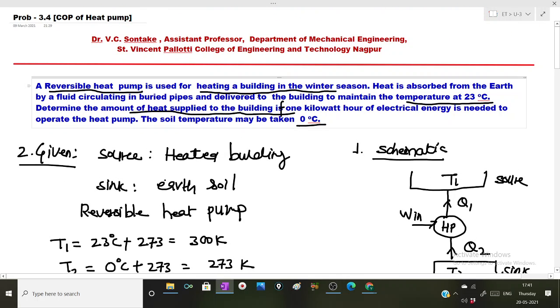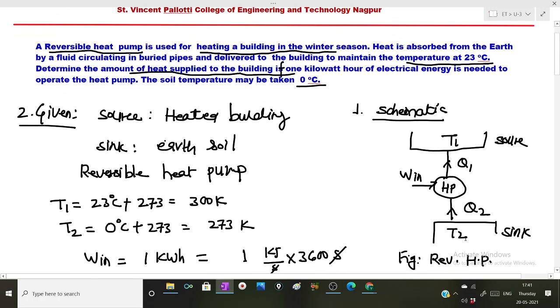The heated building will be the source and this heat pump is supplying heat to this heated space, and the earth surface is the sink. The heat pump is removing heat from this low temperature body, that is the earth surface, consuming work input and supplying heat to the heated building.